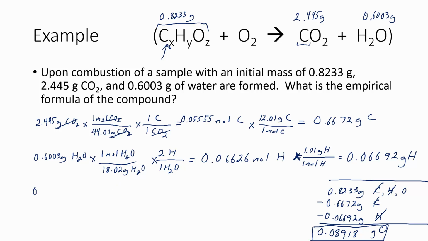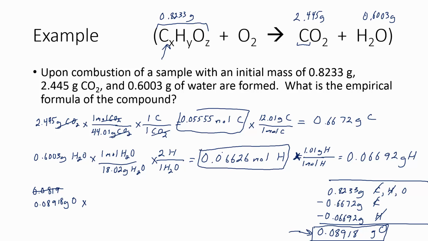So let's find out now how many moles 0.08918 grams of oxygen is. Right, this is in the initial sample. So how many moles does that correspond to? Because once we know the moles of everything in the original sample, that's how we go about getting our empirical formula, right?